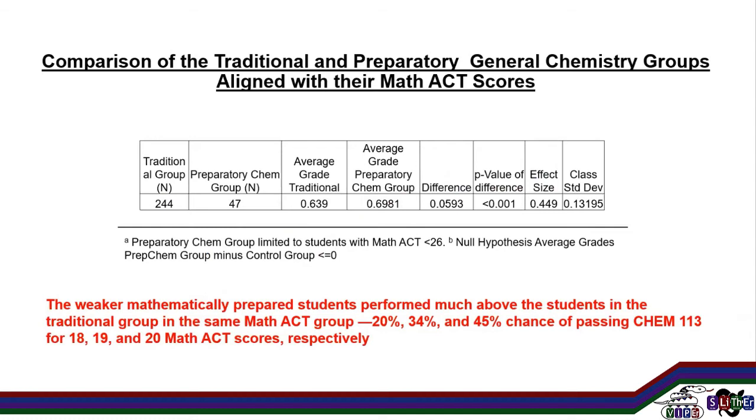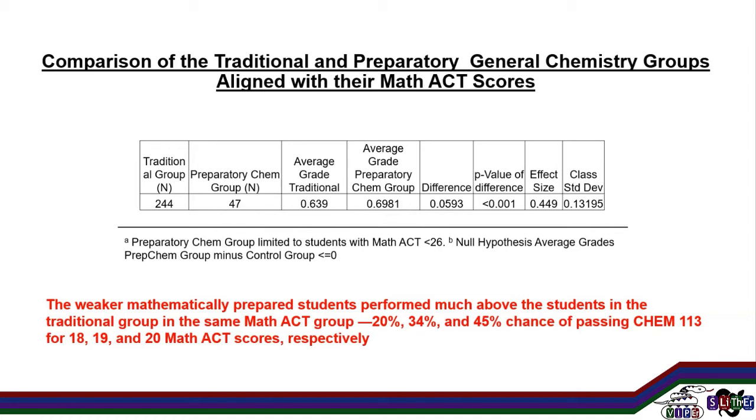All right, if you take all of the information as a whole, we had 244 students in the traditional group and 47 in the Prep Gen Chem group, and you can look at their average scores, their differences, and their effect size. And so there was a large effect size, and depending on the ACT, there was a larger effect size.